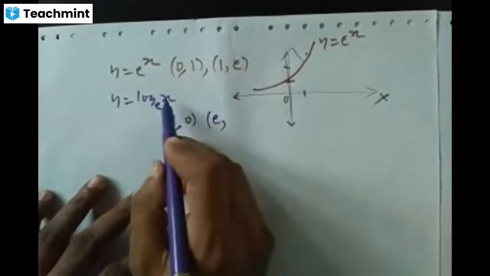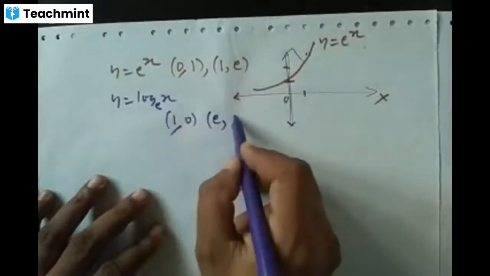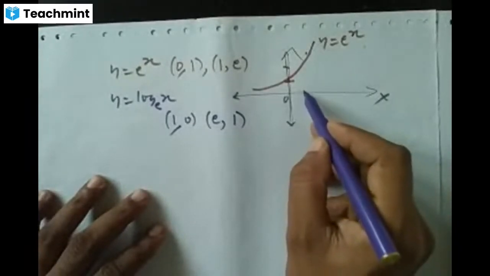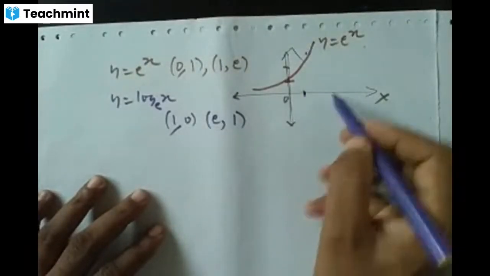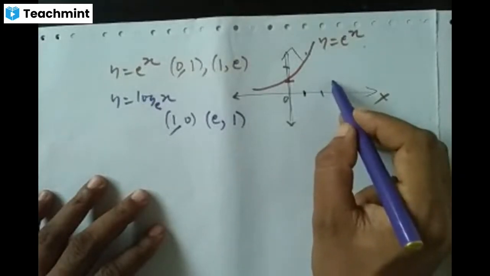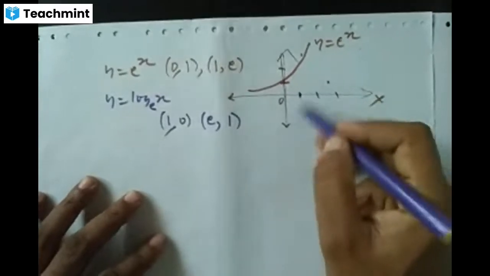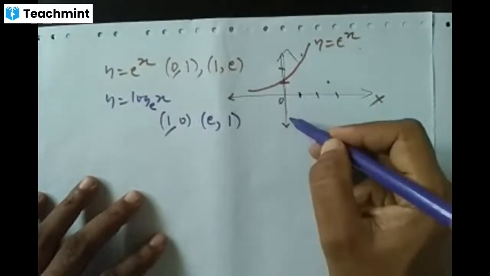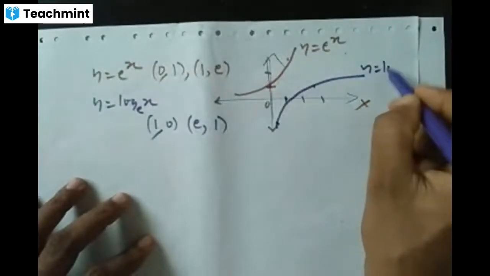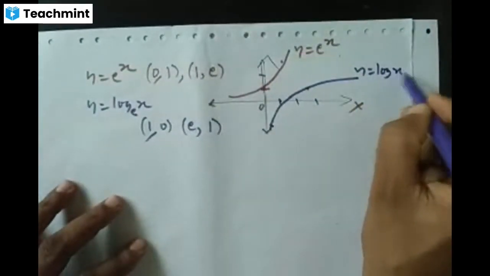Log e to the base e, the logarithm of any number to the same base is always equal to 1, correct? So another point is e comma 1, e is 2.7 something, 1 comes somewhere here, correct? So this is the graph of the function y is equal to log x to the base e.